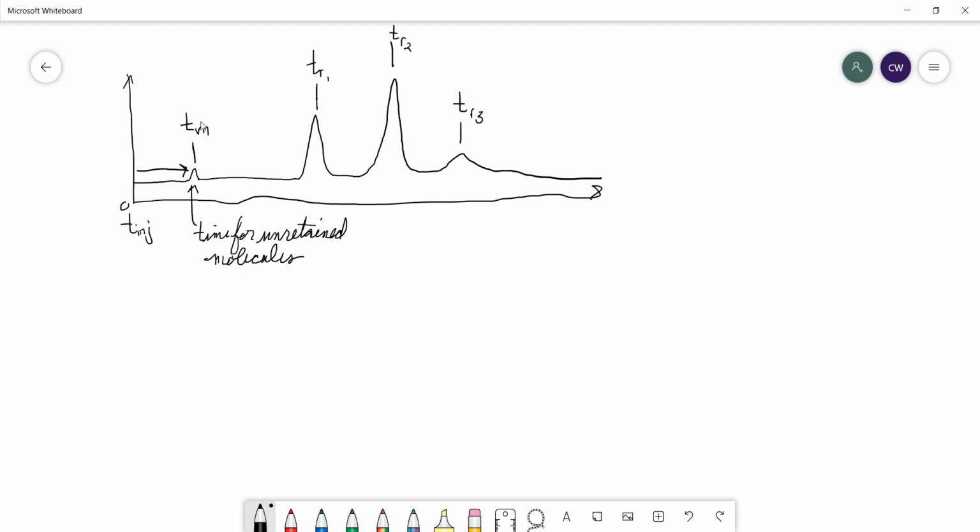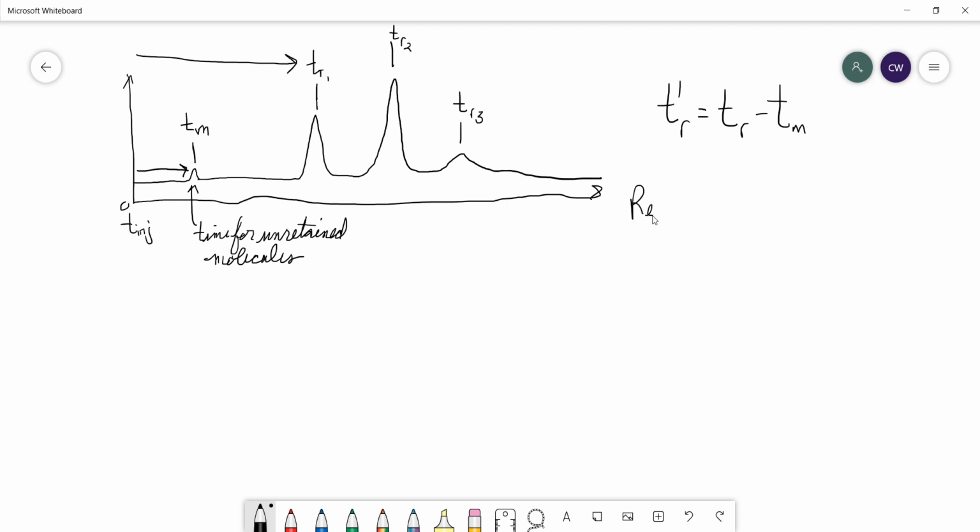The retention time is the difference between the injection time and the peak time for an analyte. We also define an adjusted retention time, which is the retention time minus the void time. It's a valuable thing to know.